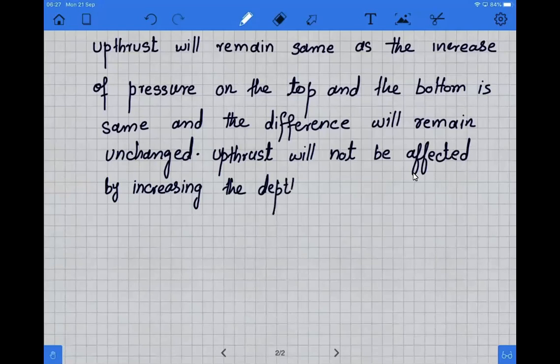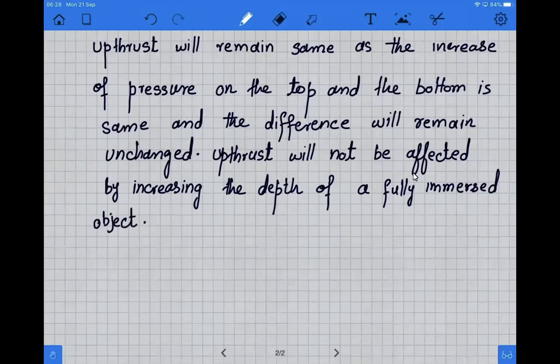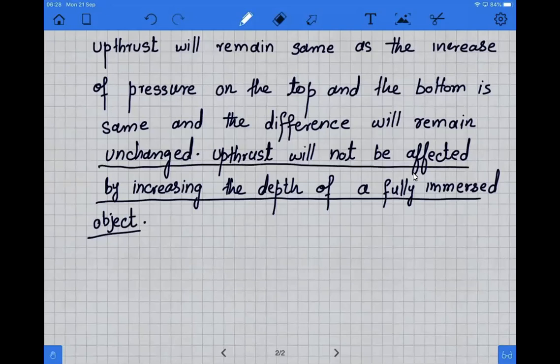depth of a fully immersed object. So if you increase the depth of a fully immersed object, it will not affect the upthrust at all.